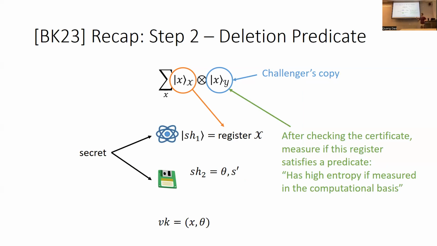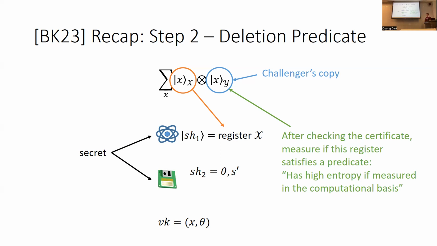The second step of their proof is they need to show that after the adversary deletes share 1, then it's actually been deleted. What I mean by actually been deleted is the challenger's copy is now going to satisfy some checkable predicate.